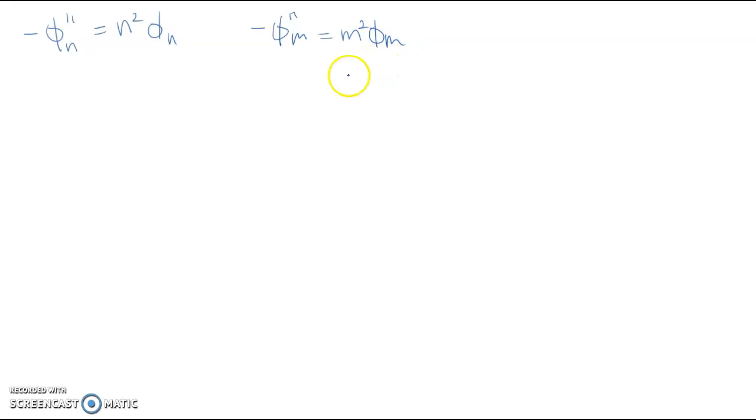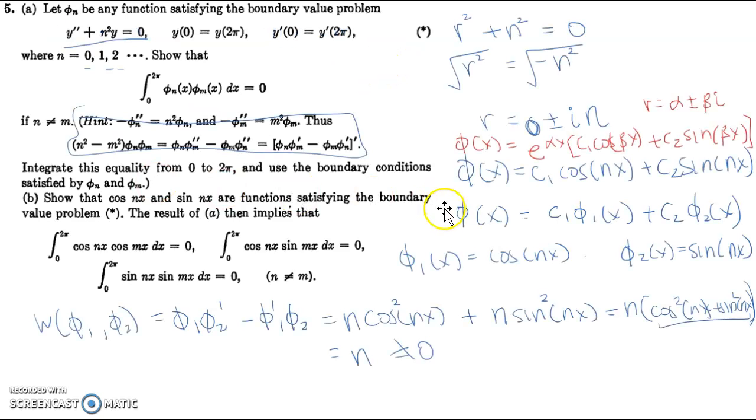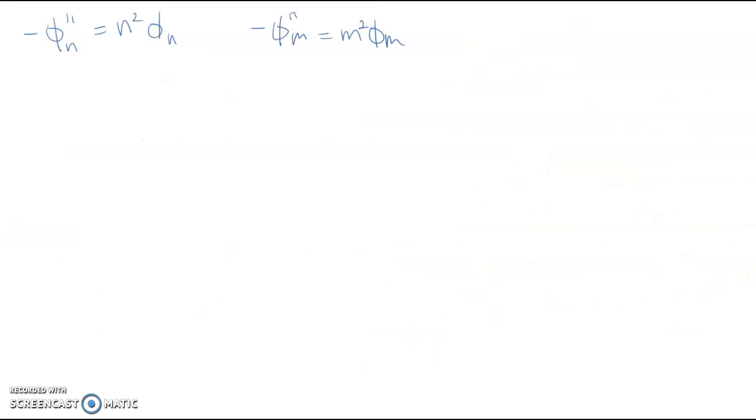This is true if you try differentiating phi 1 and phi 2 twice, we will get to this result. Then what I'm going to do is multiply the first equation by phi m, and the second equation by phi n.